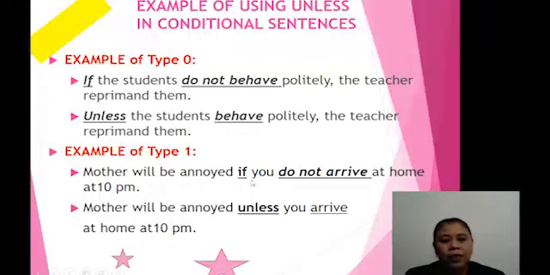Now let's go to the example of type 1 conditional sentence. Mother will be annoyed if you do not arrive at home at 10 p.m. Remember, we have to omit if and not.